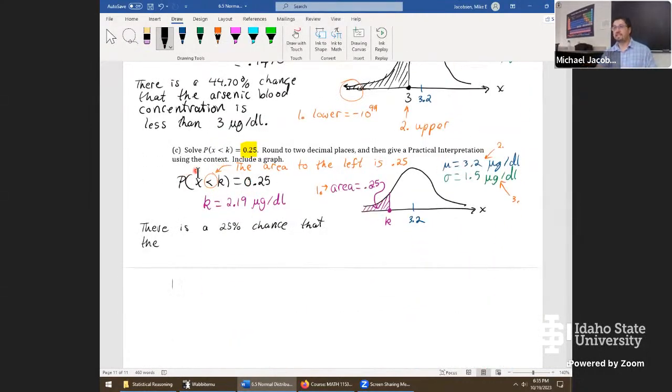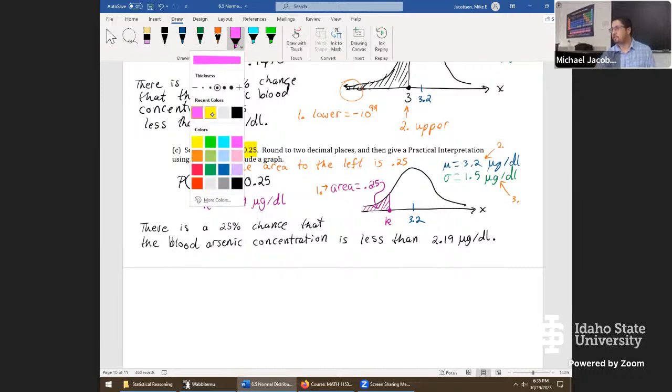We'll say there's a 25% chance that the blood arsenic concentration is less than, since it's a less than sign, then we just cite the value 2.19 micrograms per deciliter. And that finishes off the entire interpretation on this one.